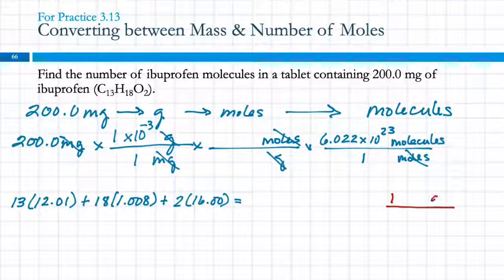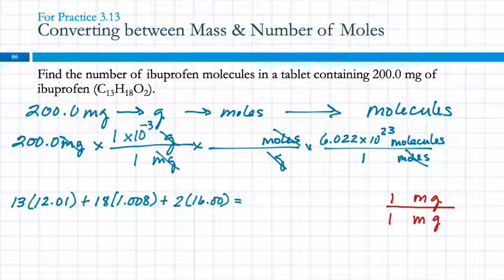If I have 1 gram over 1 gram, the top is equal to the bottom, right? Because in dimensional analysis, I'm multiplying by a fraction that is equal to 1, so I'm not changing the value of the thing, I'm just changing the units. So 1 gram over 1 gram. And I could write 1 milligram over 1 milligram, and that's the same thing.